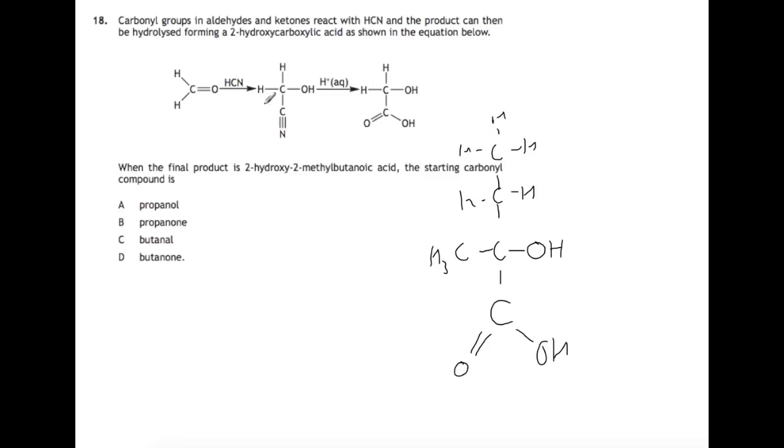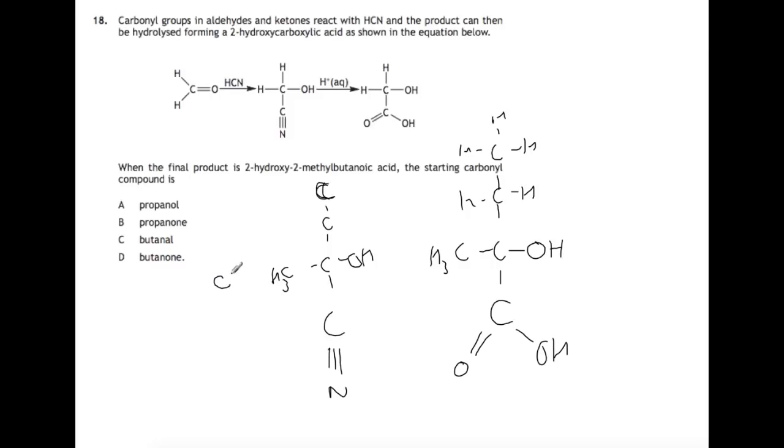Now if we work back to this step here, then we would be replacing this group here with the CN group. I'm just going to show the carbons, I'm not going to put in the hydrogens just now. We still have our OH there, and then the two other carbons. If we now work this back to this starting point, you can see that we had a C double bond O, which then broke open so that you would have an H join onto the oxygen, and the other carbon for the CN would come down.